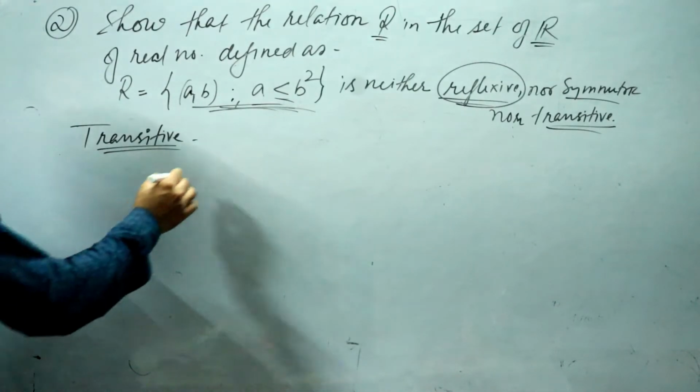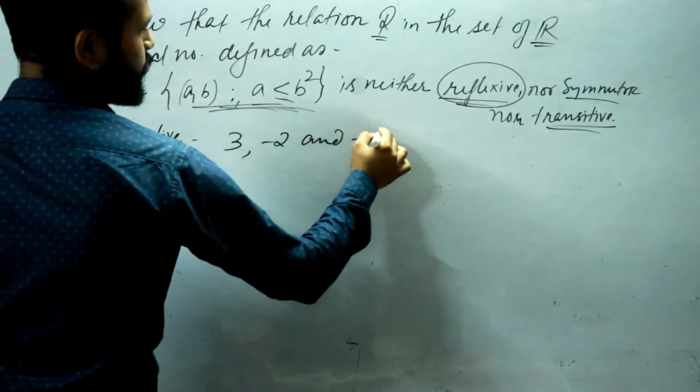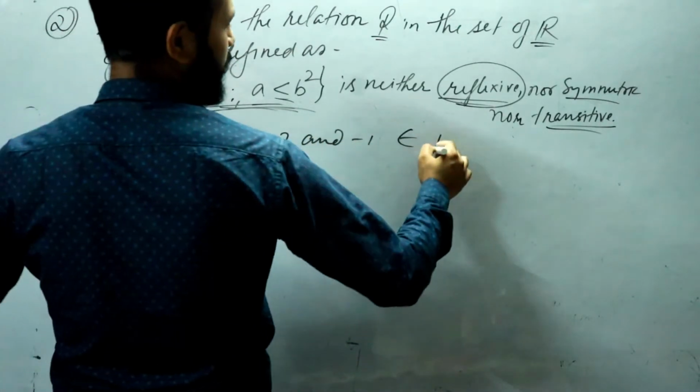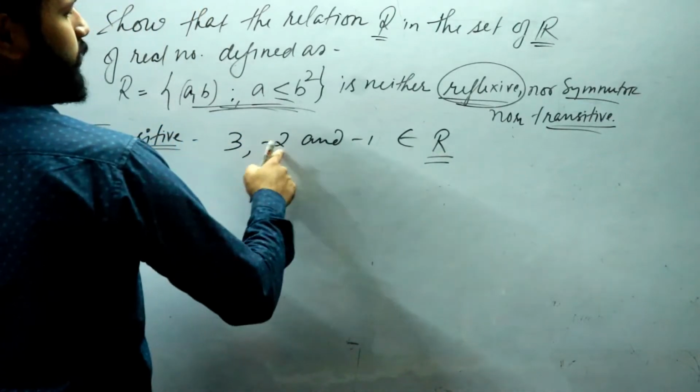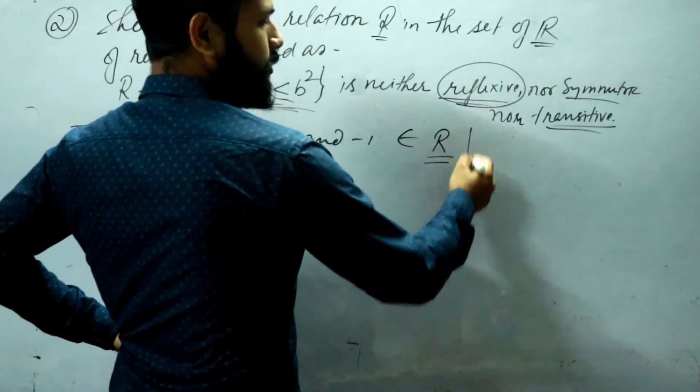Listen carefully. How to prove transitive? Let us consider an example: (3, -2) and (-2, -1) belong to the relation. It is A, it is B, it is C. What is transitive? Let me remind you.